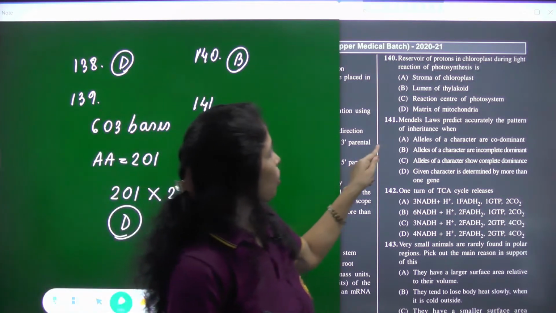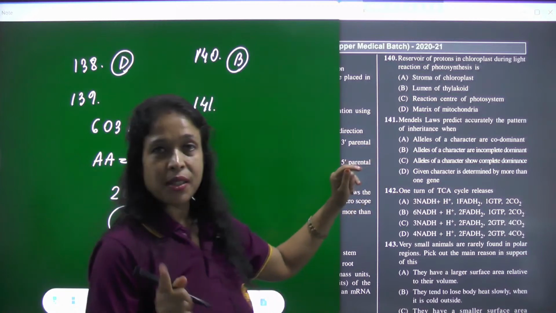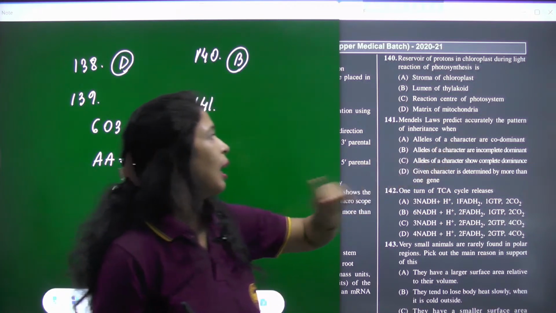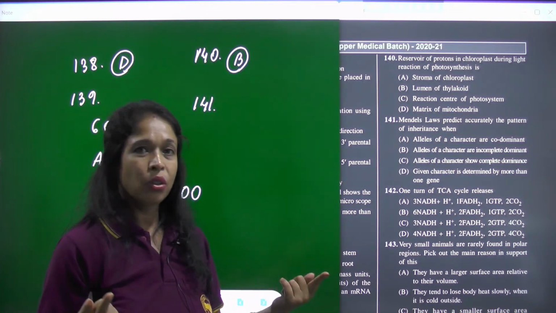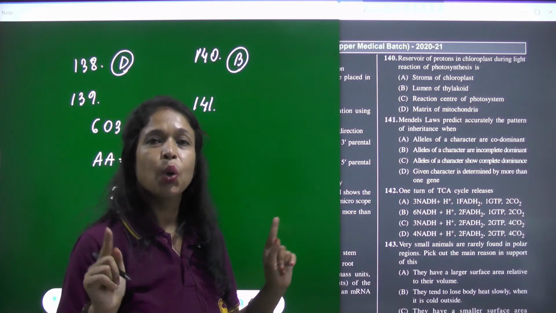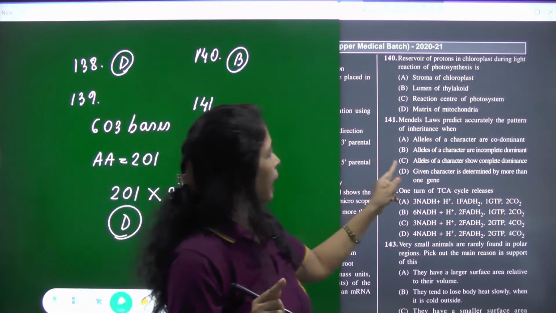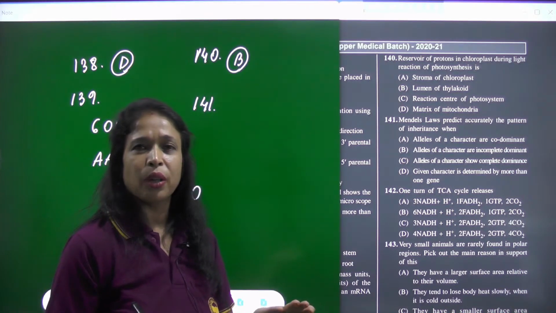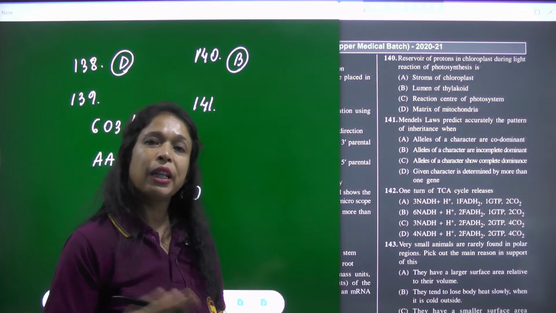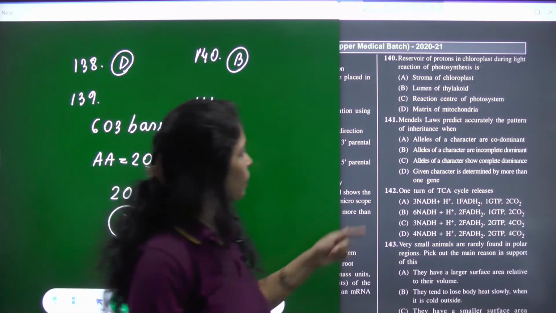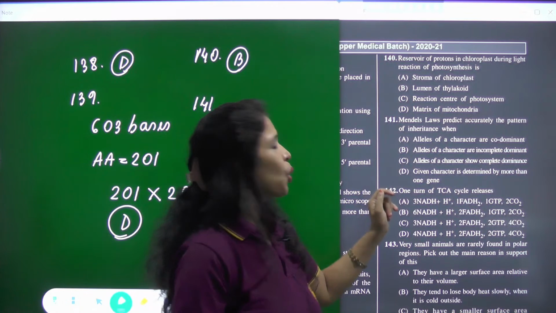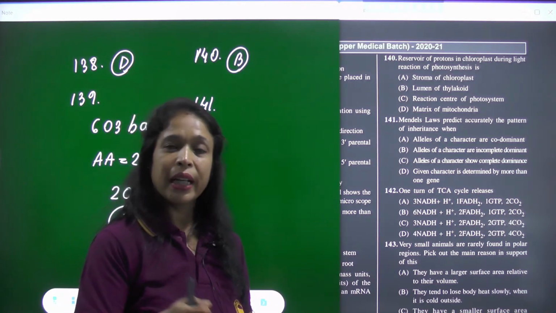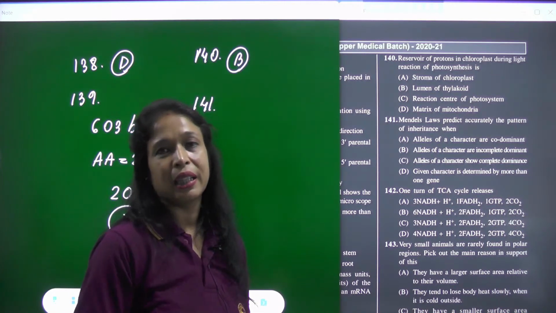Fine. So accurate pattern of inheritance कौन सी conditions में follow होगा? Alleles of a character are co-dominant. No, then it will be a phenomenon of what? Co-dominance. Alleles of a character are incomplete dominant. So incomplete dominance होगा. They will be different from their parent. Fine. Alleles of a character show complete dominance. Yes. If they show complete dominance, they will be similar to parental conditions.